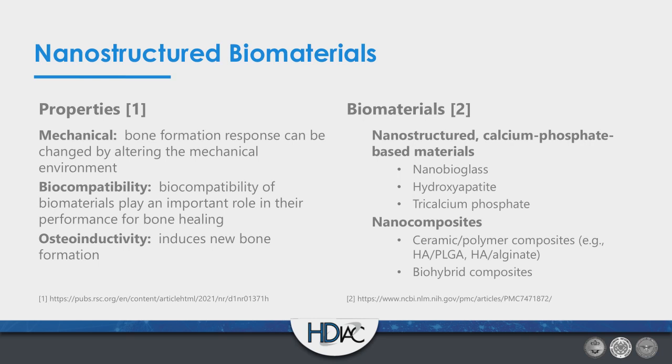When we look at the properties of a material that would be good for bone regeneration, we're looking at something with mechanical strength, something biocompatible, and something that's actually going to promote the growth of new bone tissue. And we've got some good biomaterials being used for this right now. Nanobioglasses are becoming more popular in this area, and we've got some other composites as well. Hyaluronic acid is very common as well.